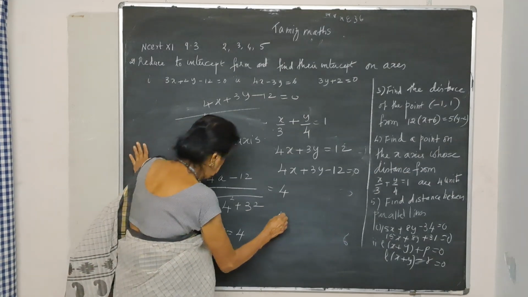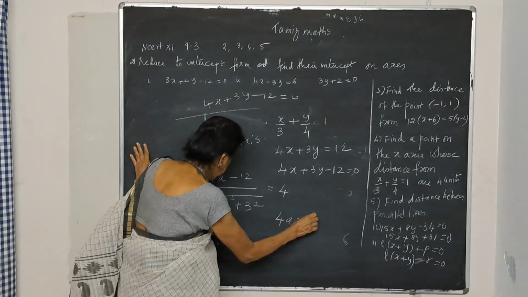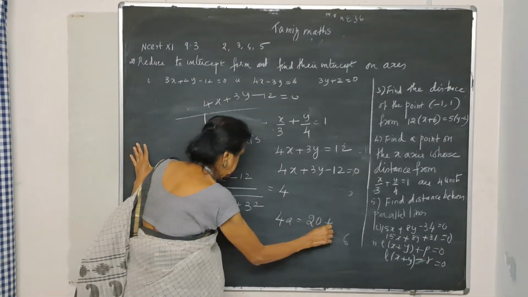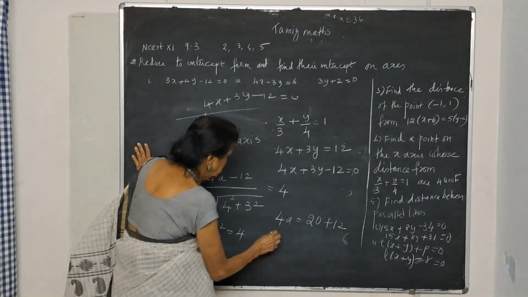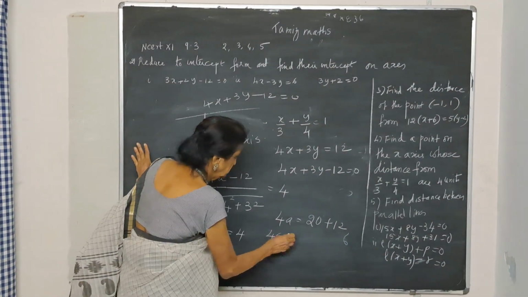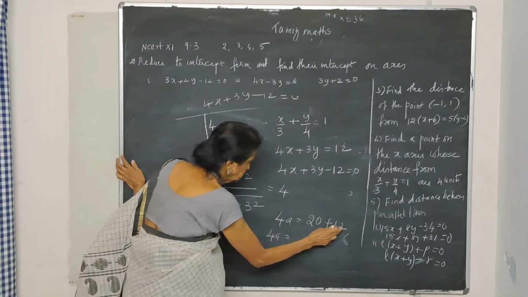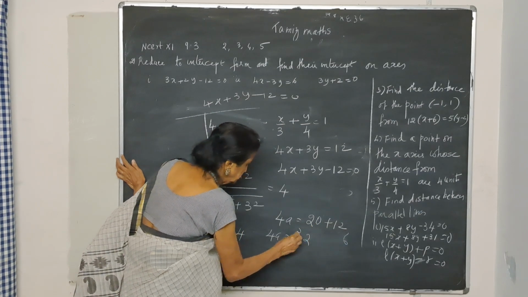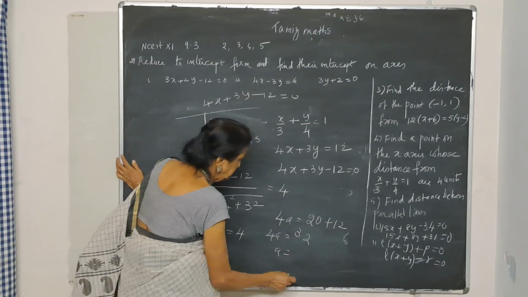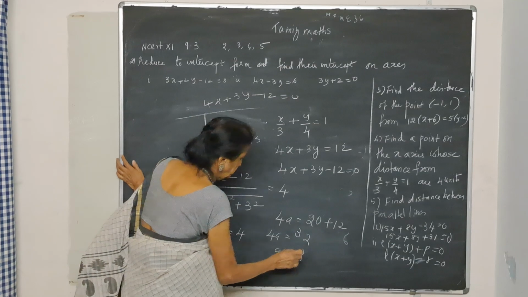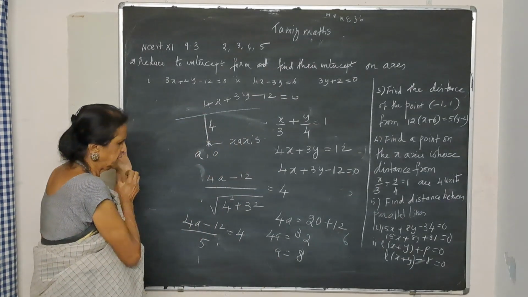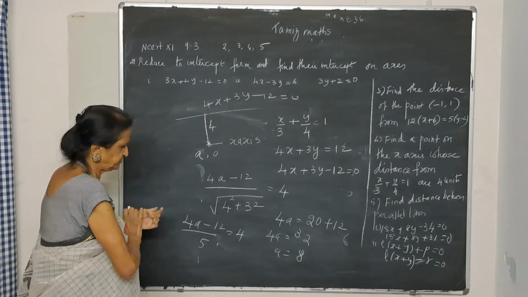So 4a is equal to 20 plus 12. So 4a is 32, so a will be 8.